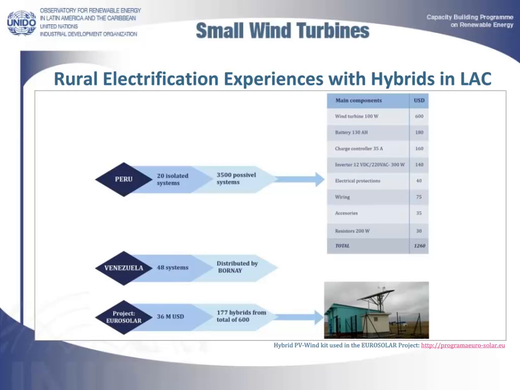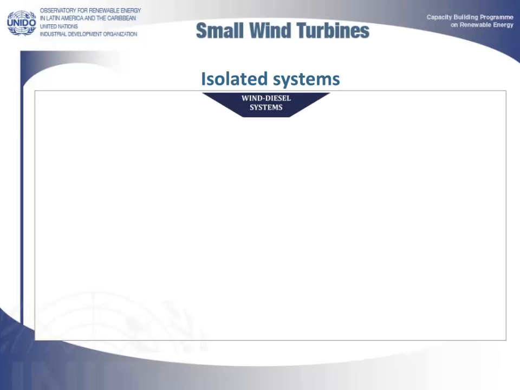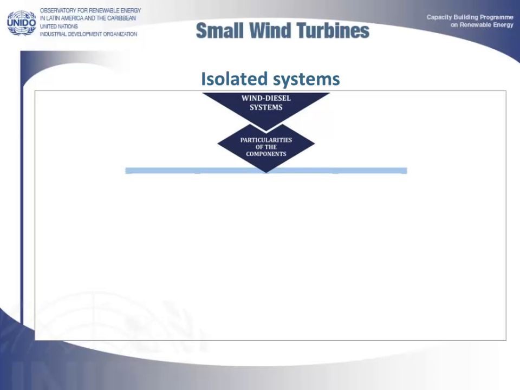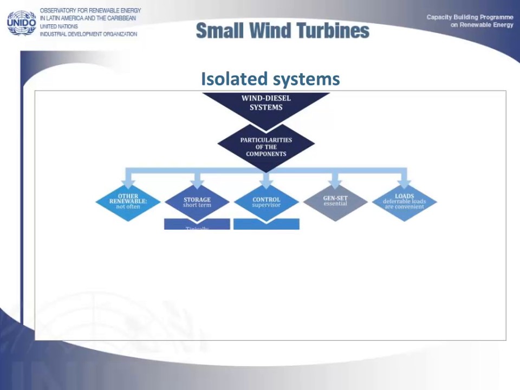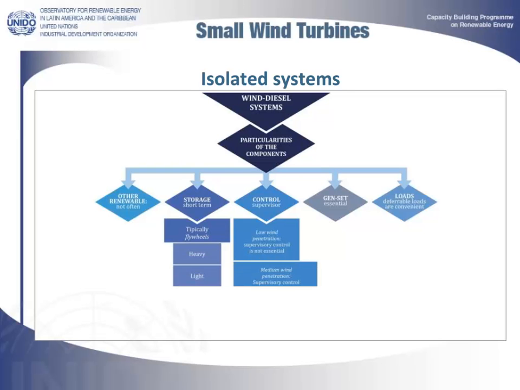Proposed systems are isolated systems, most of them fed only with photovoltaic generation, although there are 177 systems that employ PV wind hybrid systems. Other forms of renewable generation involve photovoltaic or microhydro supports, but these are not frequent.